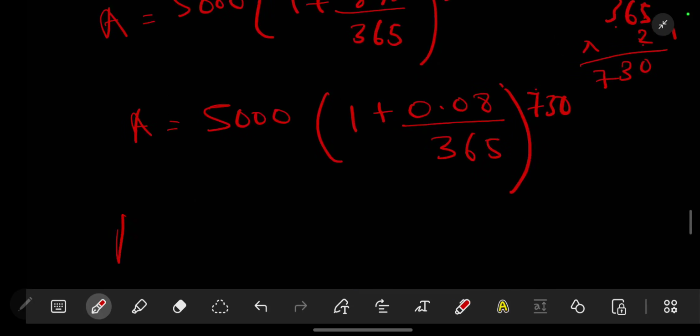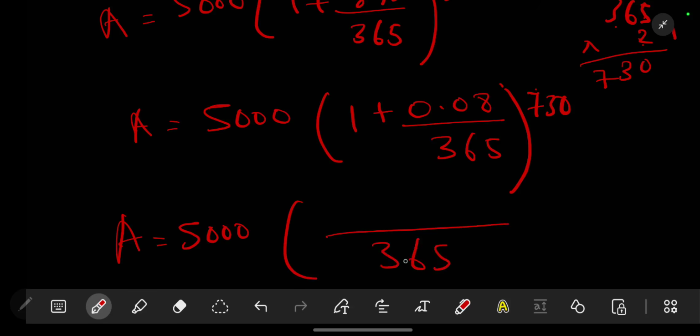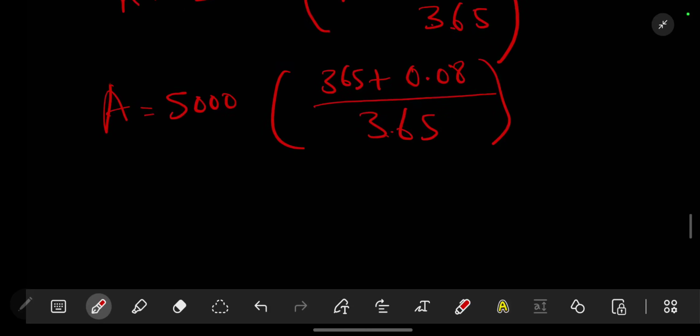So we are going to simplify things. Our A is equal to 5,000 times our common denominator, 365. 365 by 1 is 365, plus this divided by this times that will just be that value, because 365 divided by 365 is 1.